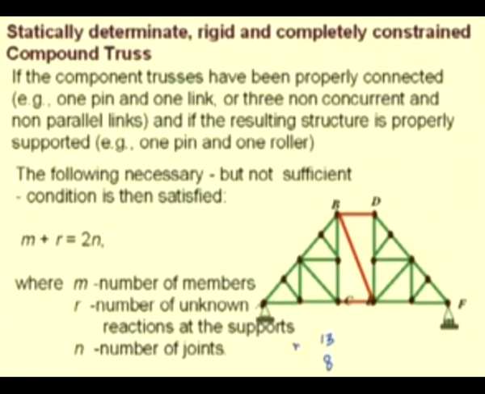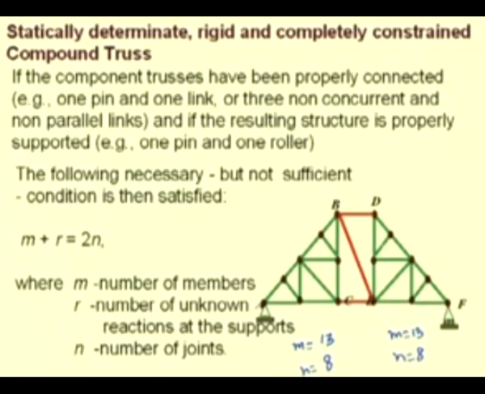So, this is the number of members and this is the number of joints for this simple truss, and in the same way we have 13 members for this simple truss and 8 joints for this simple truss. Additionally, we have 3 members connecting the 2 simple trusses and the joints are not increased.